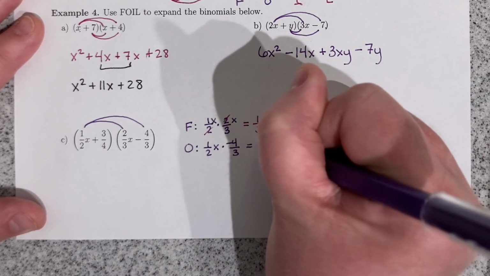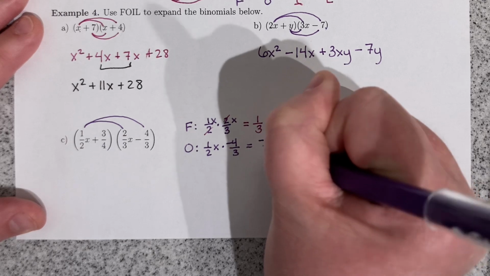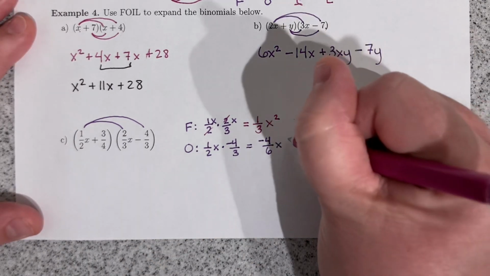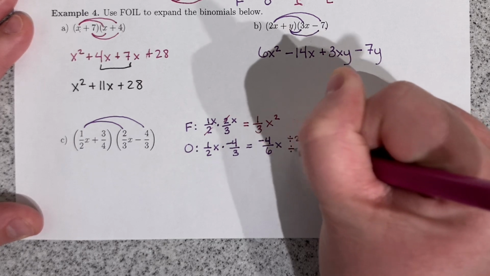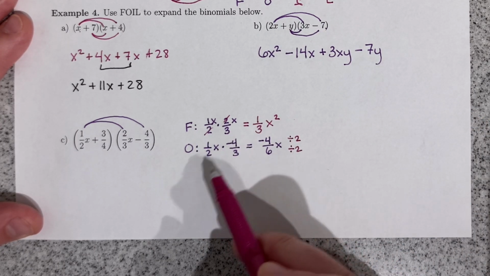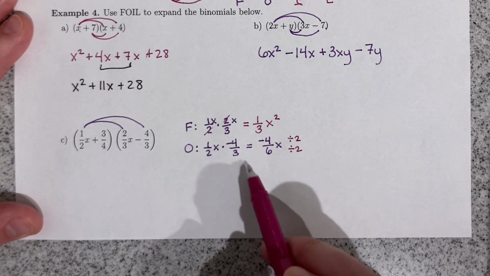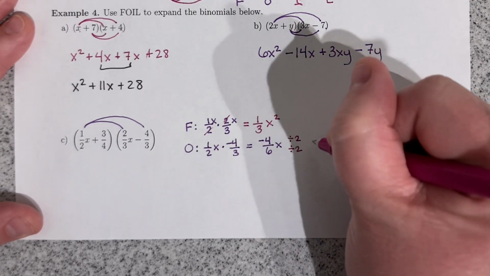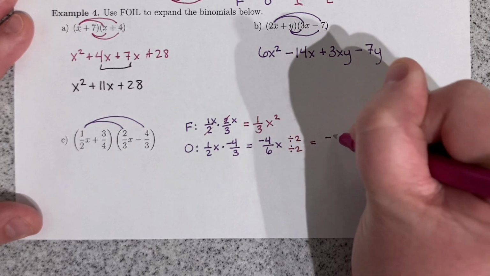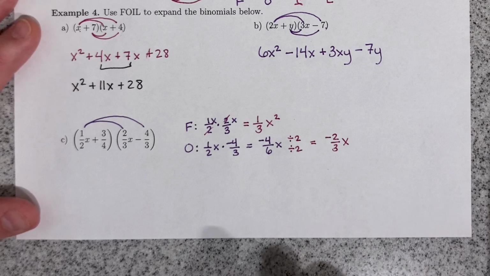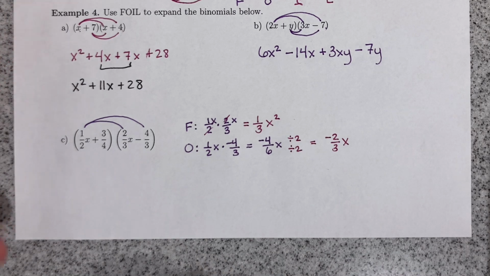So like if I multiplied this first and got negative 4 over 6x, that's not reduced. We got to do the divide by 2, divide by 2. And that's what you could have reduced before multiplication too, right? Either multiply first, then reduce, or reduce first, then multiply. All right, this one I get negative 2/3 x.